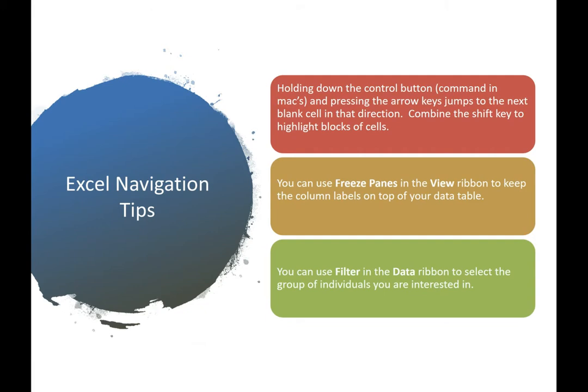You can use the filter in the data ribbon to select the group of individuals you're interested in. So, jumping to the end with the shift key and the control key, you can use freeze panes in the view ribbon and filter in the data ribbon.